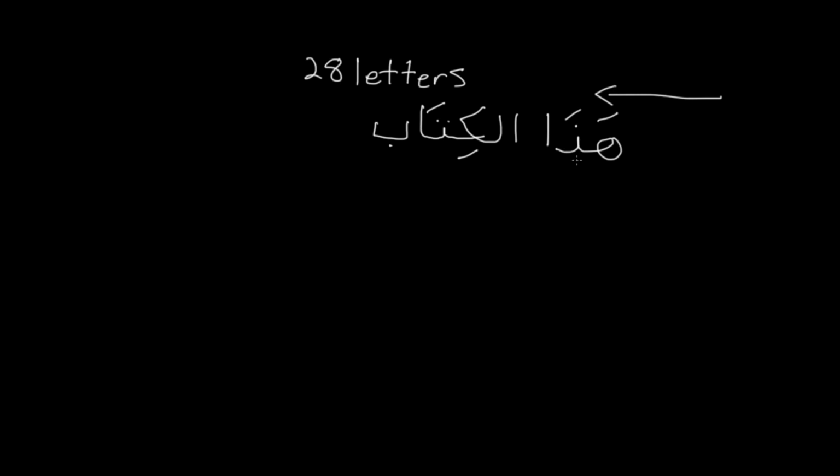In this case, this letter actually doesn't connect to the next letter, and this one doesn't connect to the letter after it. So you can see it again here. It doesn't connect to this letter right here.